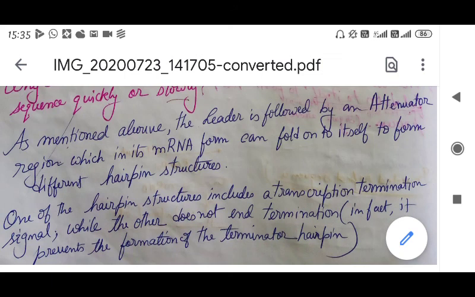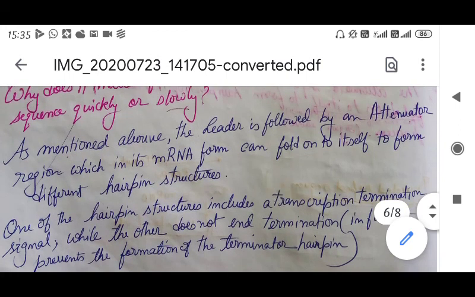In its mRNA form, this attenuator will fold onto itself to form various types of hairpin structure. One of the hairpin structures will act as a transcription termination signal, while there is another form of hairpin structure formed by that same attenuator that will not end the termination.